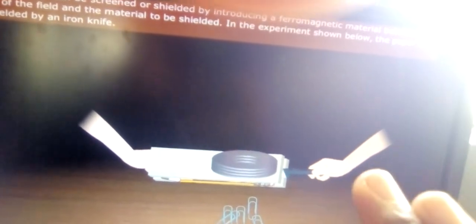Concentrated in the knife, and now the clip will no longer receive the force. That other thing is another unmagnetized material, which is actually a non-magnetic material. This one is a magnetic material, so it concentrates all the magnetism such that I shield the magnetism from reaching the clips.